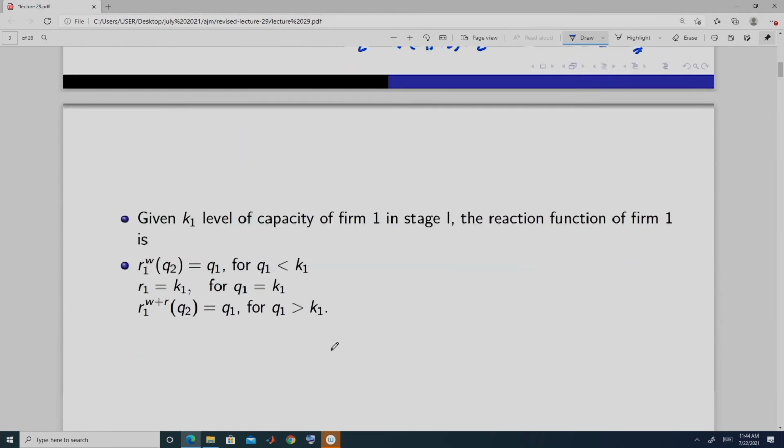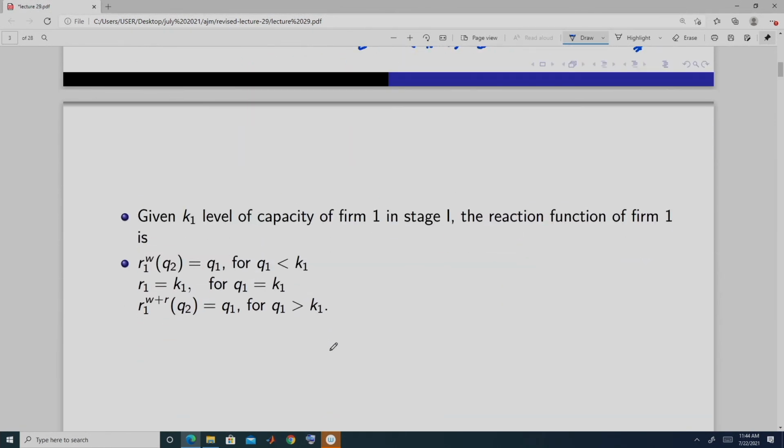Now the reaction function of firm 1. Suppose there is a capacity K1, which is an arbitrary number, chosen in stage 1. Then the reaction function of firm 1 in stage 2 is given like this. This is the case when Q1 is less than K1.